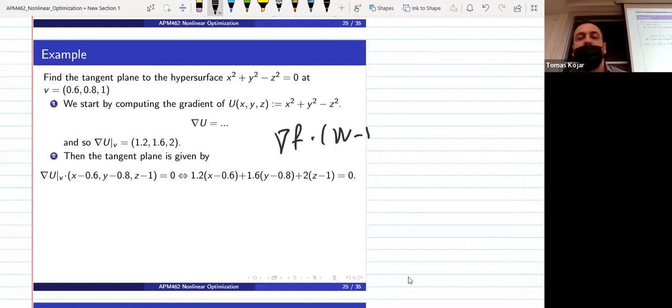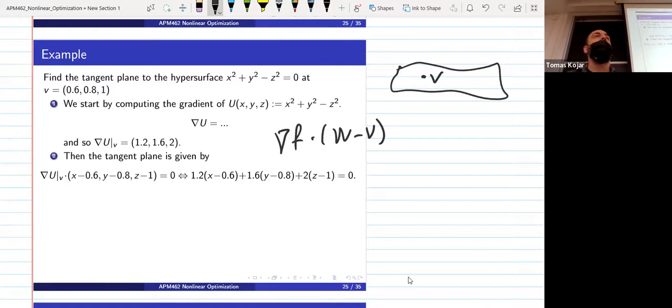Let me draw the picture. This is v, and I'm asking for the tangent plane at v, centered at v. The way you find it is you solve this equation equal to 0.